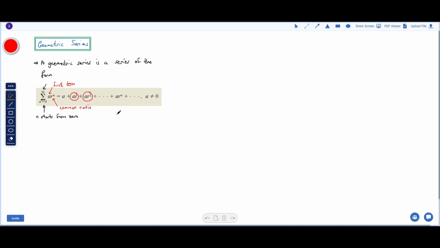If you did ar squared, which is this term, divided by ar, you would get r, right? So r is the common ratio between each successive term. If you take one term and take the ratio of that to its previous term, you would always get r.